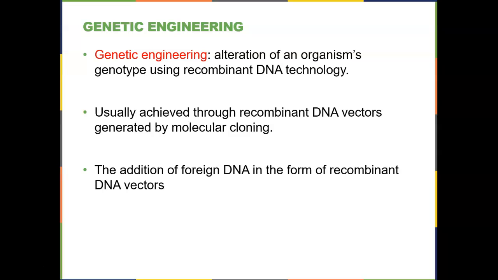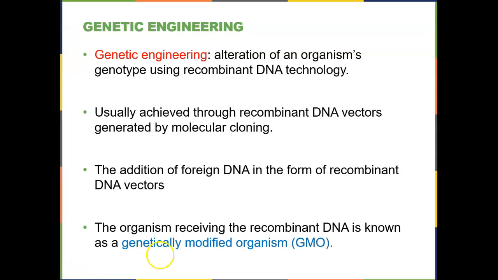So wouldn't it be great if we could take the ability to make these proteins that the fish use and inject them into strawberry plants? So then therefore strawberry plants would be more resistant to problems with freezing. That would be an example of using genetic engineering in order to make something better. So this process is what we call producing a genetically modified organism, or a GMO.